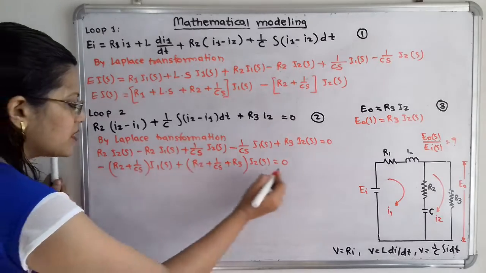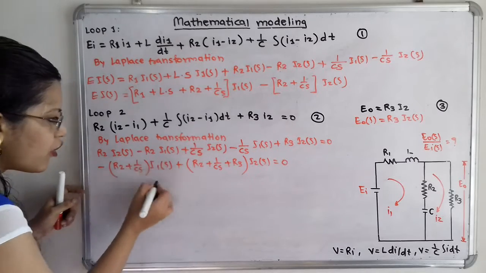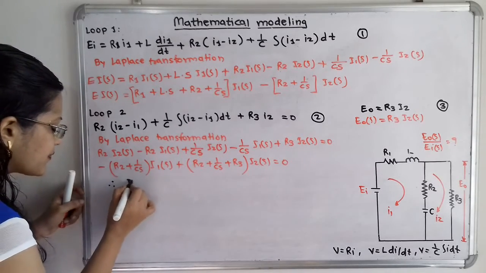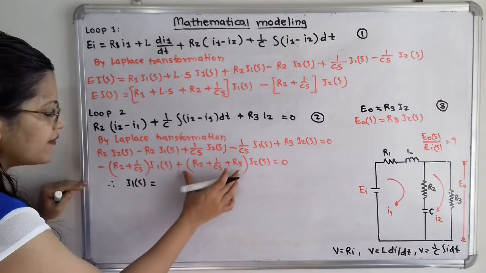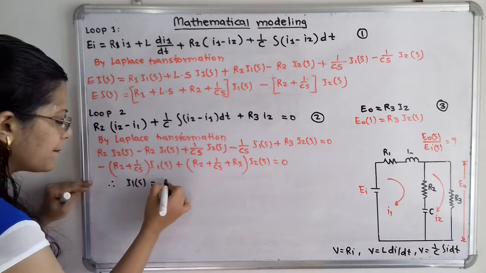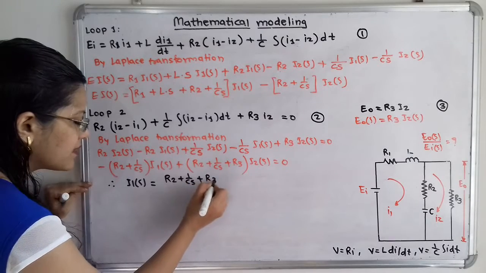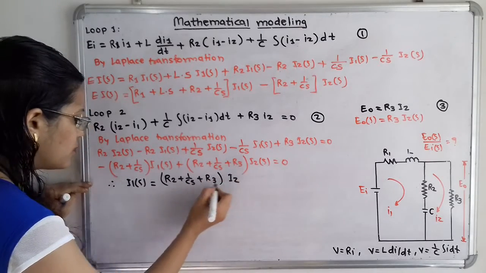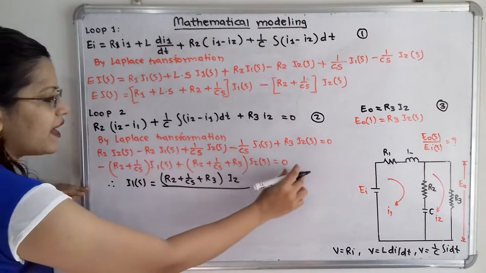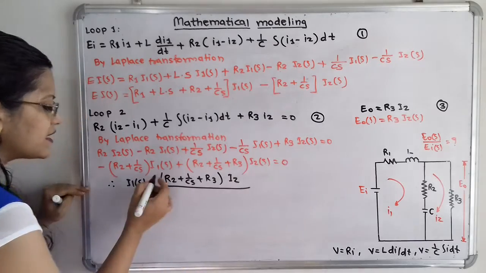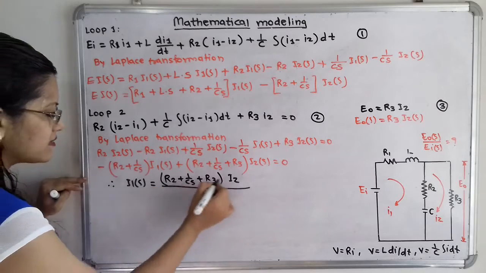So how to take? If we observe this equation, it is simple. Now I will use a different color marker. So what is the value of I1 of S? Therefore I1 of S is equal to, I will take this term to the other side, (R2 plus 1 by Cs plus R3) into I2 divided by, now this term if I move to the right hand side it will become minus, but here is also a minus sign, so the minus sign is getting cancelled.